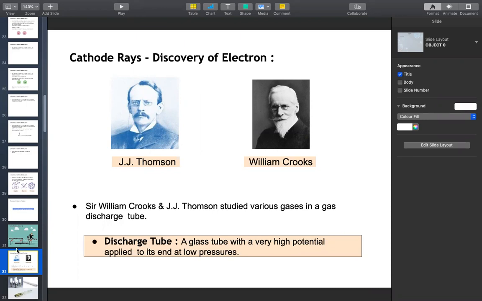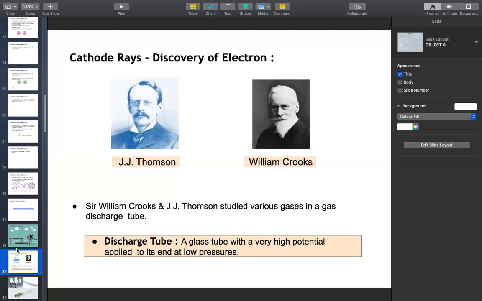Okay, fine. Actually, the cathode ray was discovered in the Crookes tube. We say that the discharge tube was given by Crookes only, and he found that the cathode ray emerges when a high voltage is applied over a low pressure gas. But the study of those rays was done by J.J. Thomson.